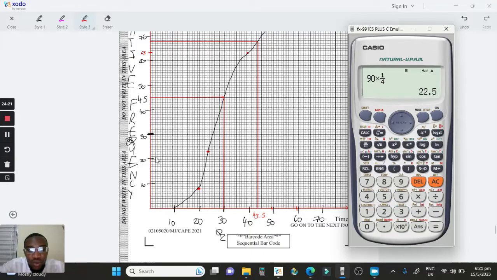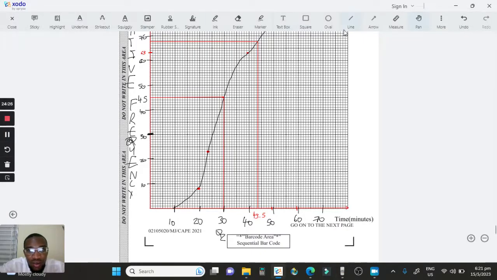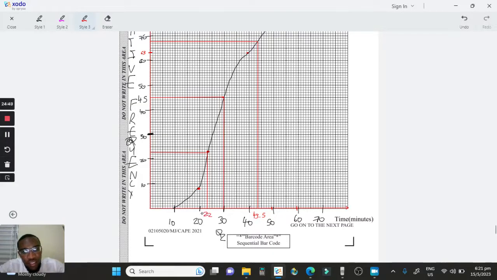And so that's 22.5. So we're gonna go at 22.5 and go across. This is 21, 22, 22.5 is in the middle here. So my 22.5 is giving me 22.